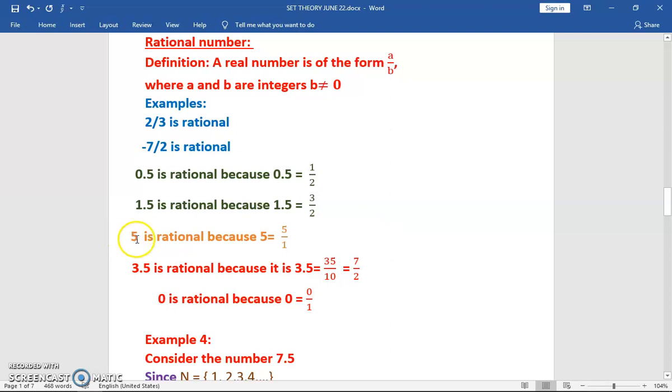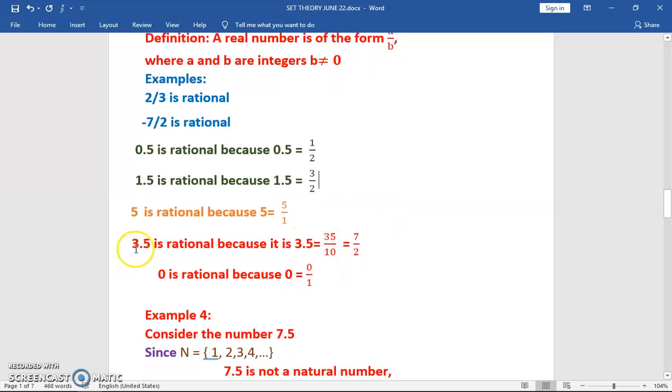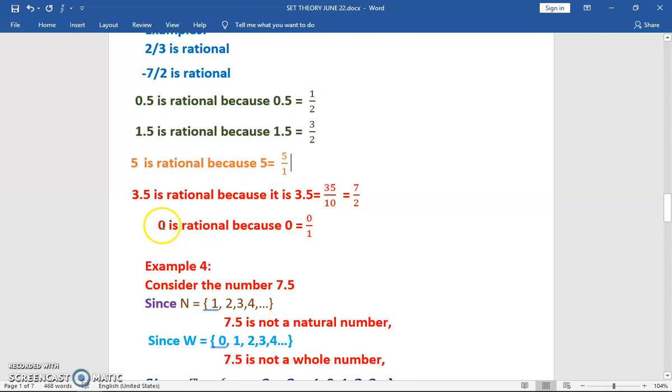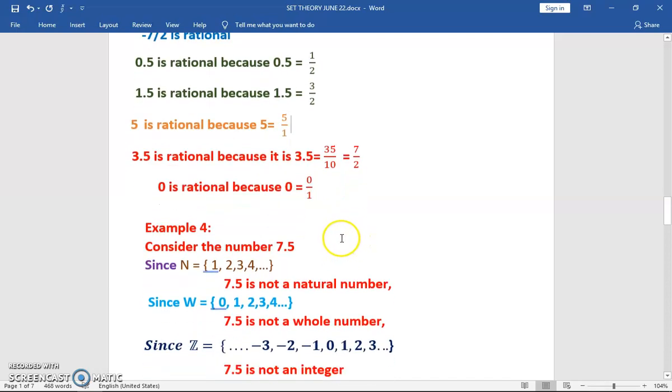Again, let's take 5. 5 is rational because 5 can be written as 5 by 1. And take another number, 3.5. 3.5 is also rational because 3.5 is 35 by 10, which can be reduced to 7 by 2. Now let's discuss 0. 0 is also rational because 0 can be written as 0 by 1. In this way it goes.